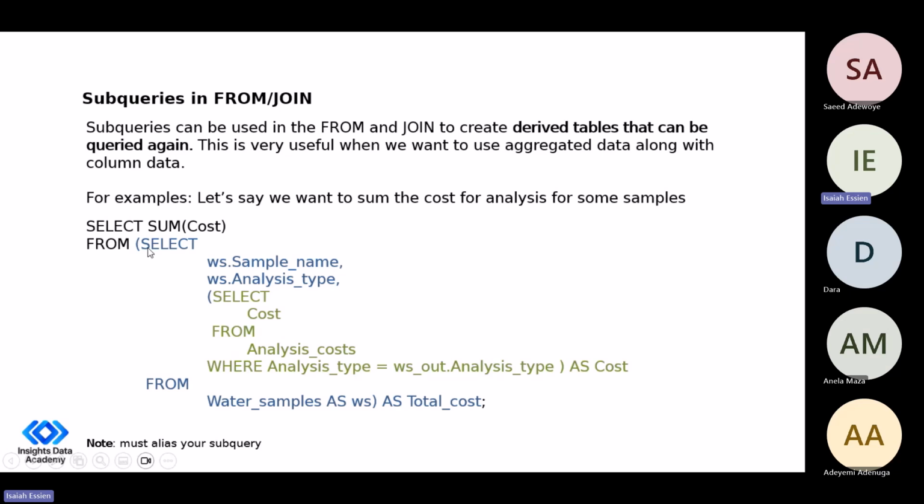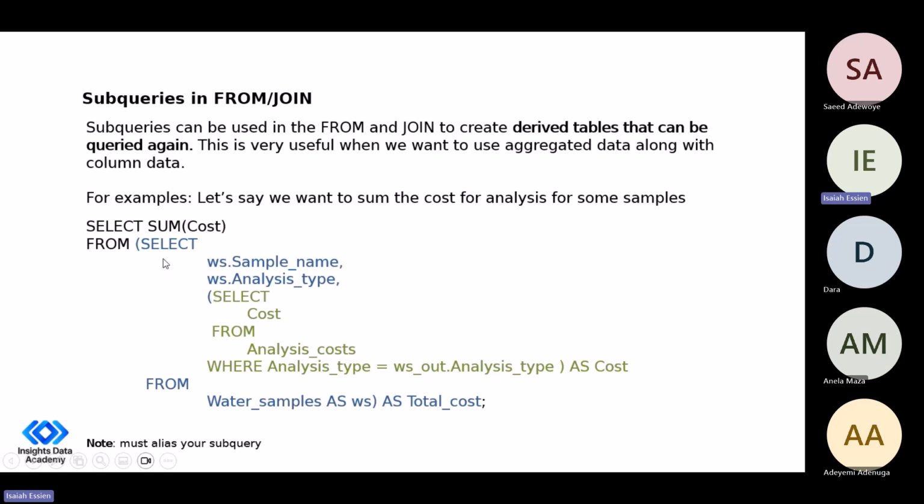So this whole query that we had before will now be in the from statement, because this is now a table on its own, starting from this bracket to this bracket. It has three columns: sample name, analysis type, and costs. But I want to add all the costs together. So this is now a new table.